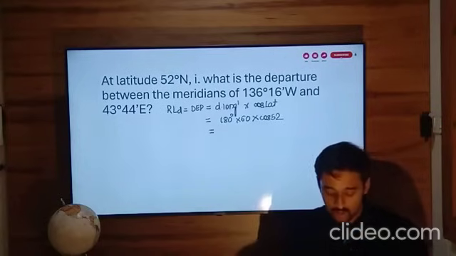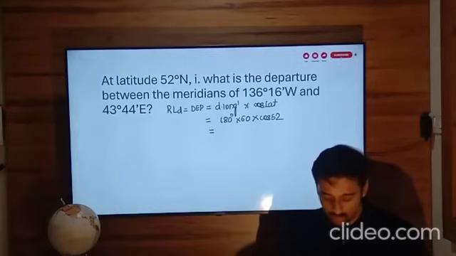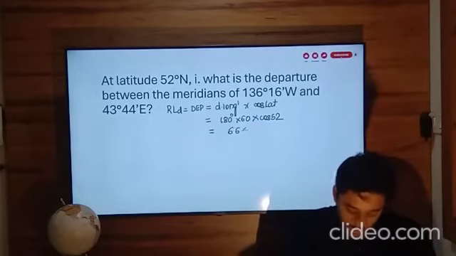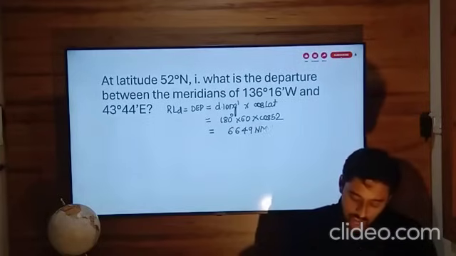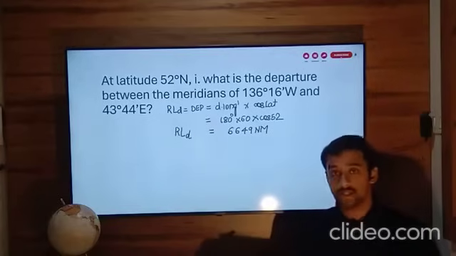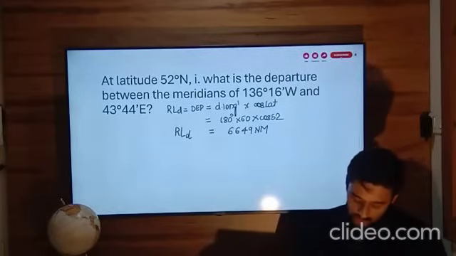So the answer will be 180 into 60 into cos 52, which is 6,649 nautical miles. So your Rhumb line distance will be 6,649 nautical miles.